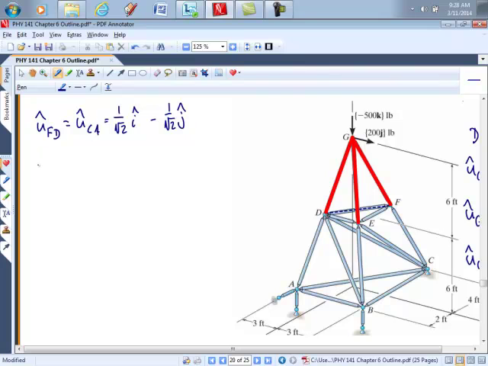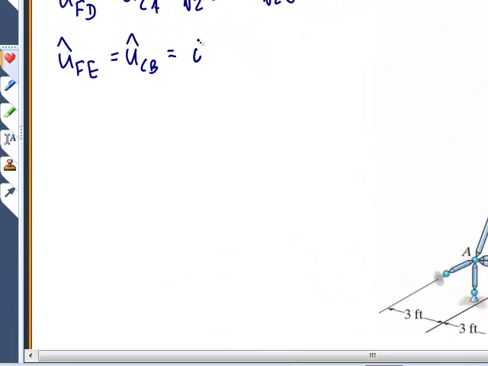Okay, and the unit vector from F to E is the same as the unit vector from C to B, which is, well, the unit vector isn't 6 feet. It's going to be just along the x-axis. It's going to be i hat.